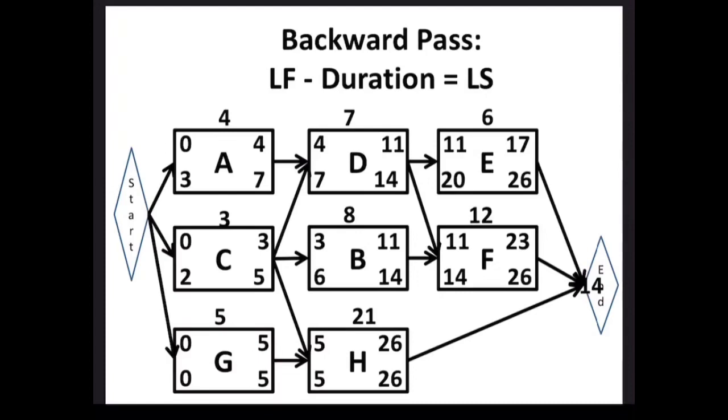These activities in this specific network diagram that we did today are activity E as in Echo, F as in Frank, and H as in Harry. So, where do we start the backward pass now? The bottom half of all of our activities is blank. We look at which one of these three is our critical path activity connected to the end.